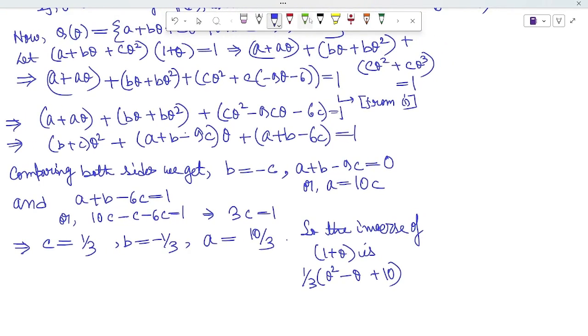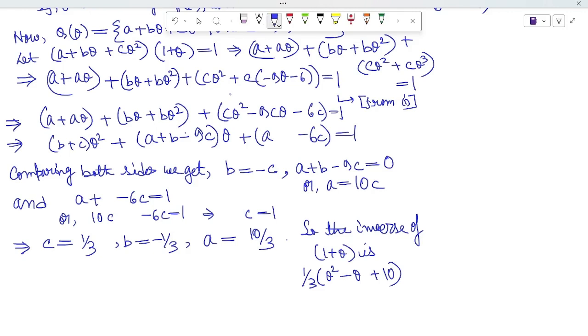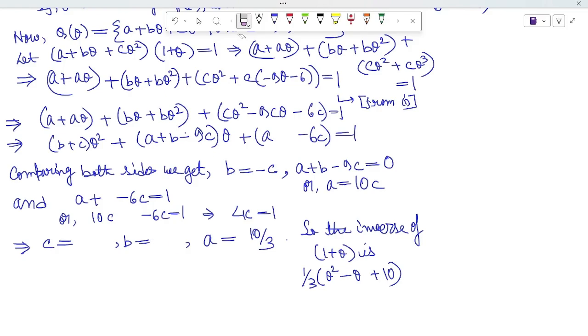Sorry for that mistake. Okay. I think a plus b minus 6c is 1. A is 10c, b is minus c, so 10c minus c minus 6c is 3c. Wait, with a plus b minus 6c as written, it gives 4c is 1, so the values will be changed.